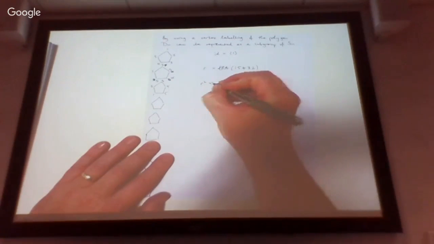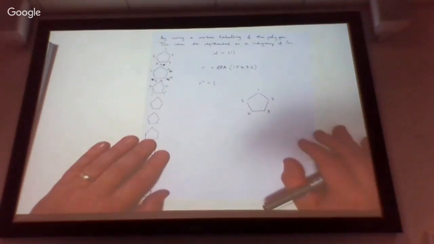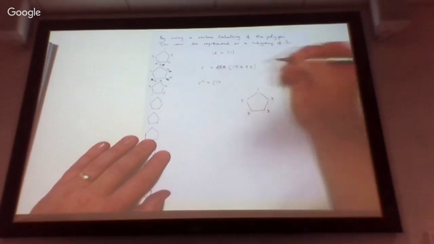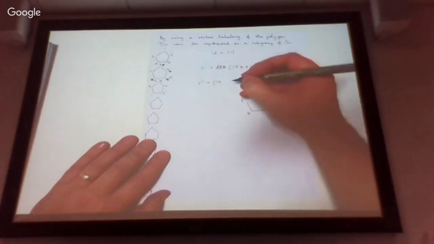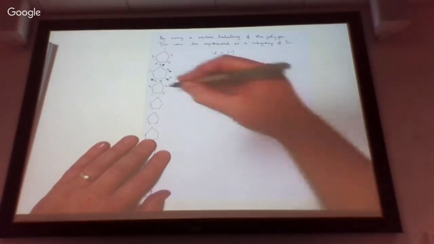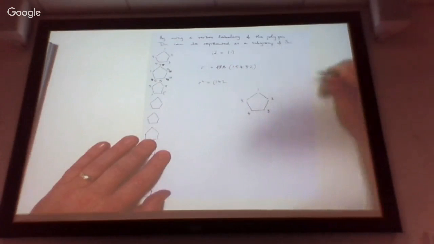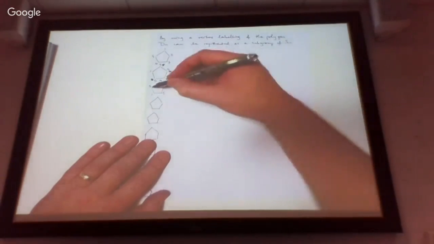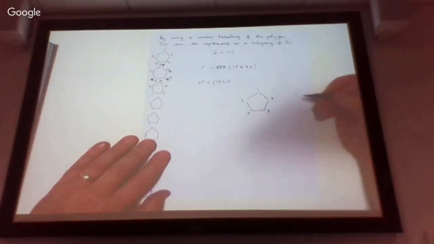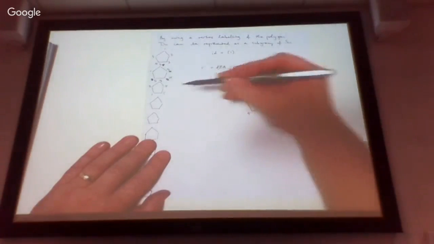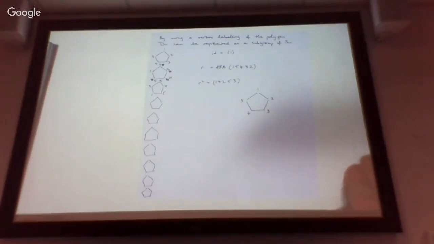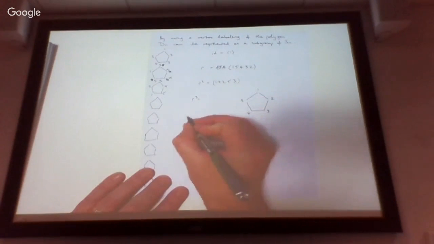So R squared would be represented as so 1 gets sent to position 4, 4 will get sent to position over here, which was the position previously held by 2. 2 gets sent to position here, which is position 5, and 5 gets rotated over to there, which is position 3. Okay, so you can keep going like this, and you can look at R cubed and R4.